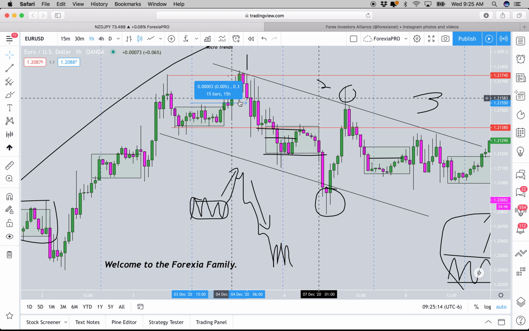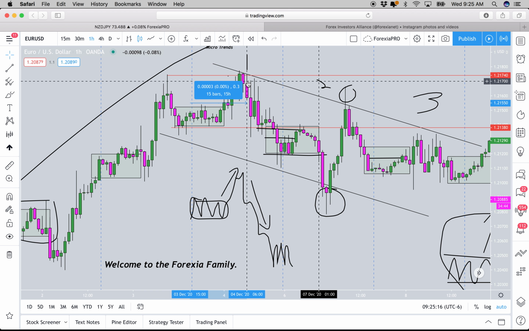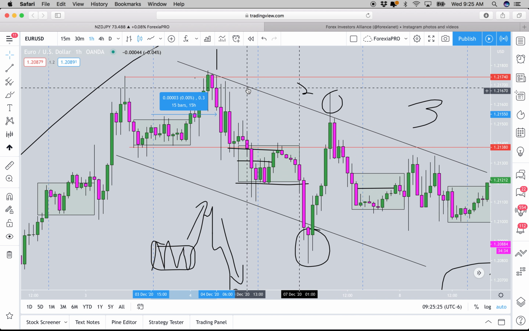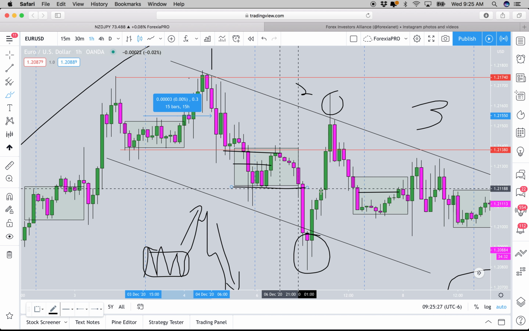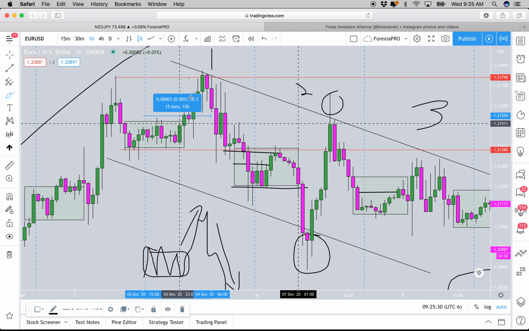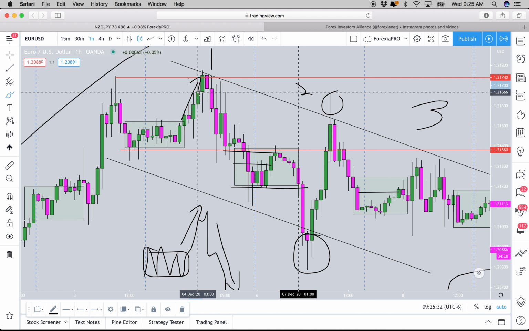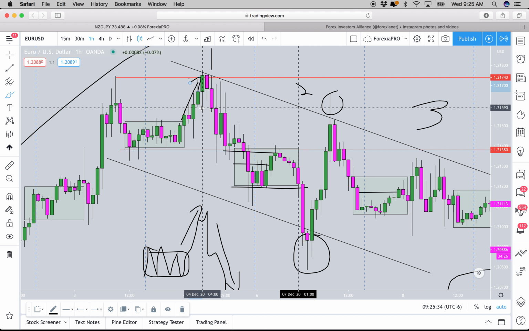15 hours. 15 hours after the start of the day marks New York session. Now, New York session is special because, like I said, a lot of times that breakout of London is a false move. It's not the directional, intended direction of the market.